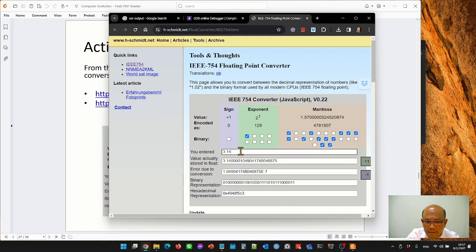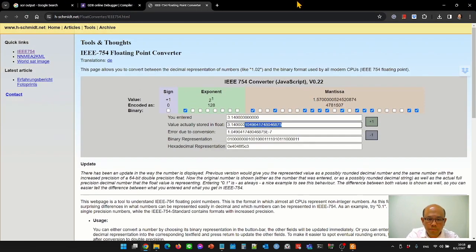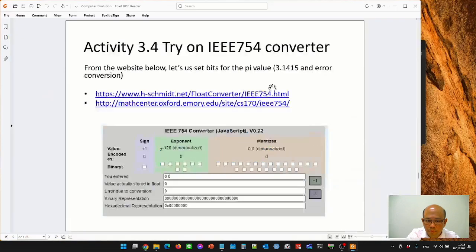I write exactly 3.14000, but the generated value is not the same because of the effects of the exponent in IEEE 754. You can simulate here and increase the value.